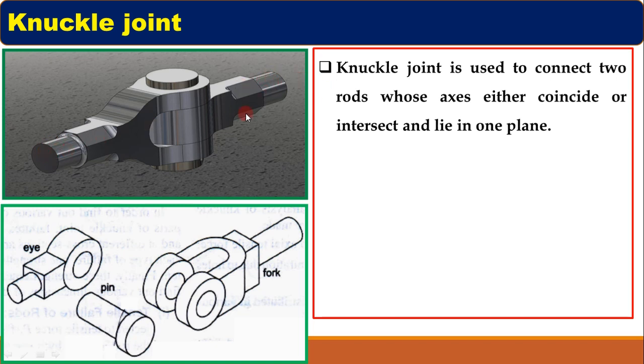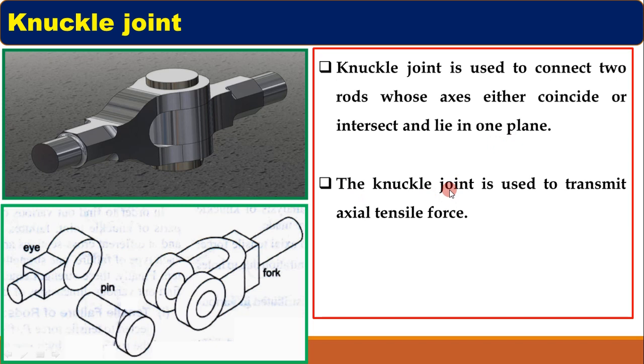These two rods, which are subjected to tensile loads, are connected by using this knuckle joint. These two axes either coincide, or if intersecting, then they must lie in one plane.